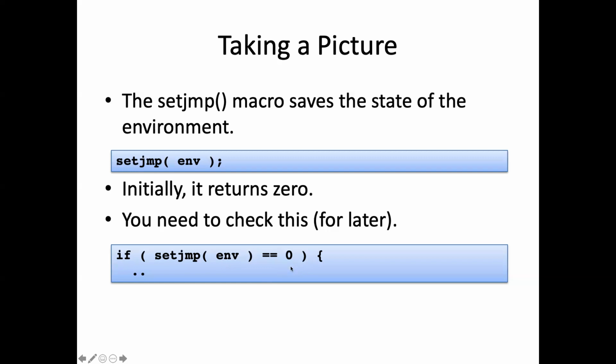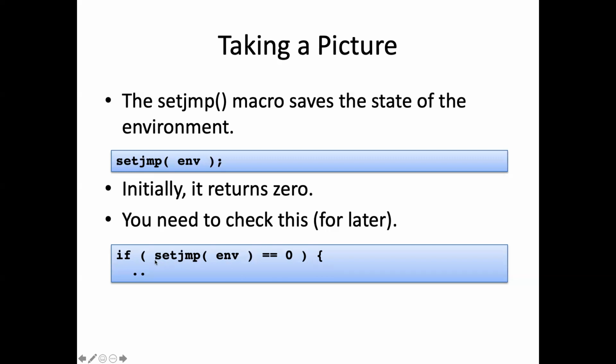The reason for that, and we'll see this in some other examples, is that you can see this as taking a picture of where you are in the code right now, in case anything goes wrong in later code. If anything goes wrong, it's going to jump back to exactly the same call.